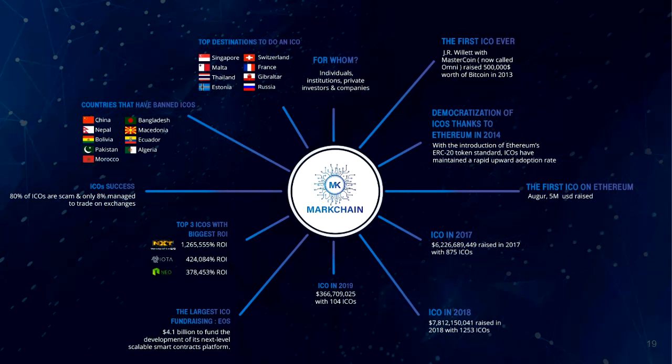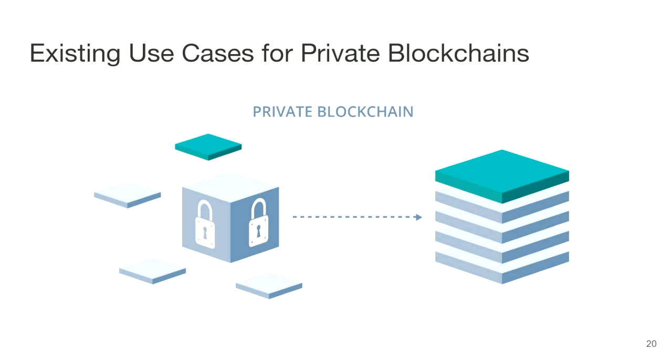So let's look at some existing use cases for private blockchains. Just to quickly remind you, private blockchain, permissioned access, often introduces centralization. Always introduces centralization, actually. I should qualify that. Just the extent of the centralization is variable.